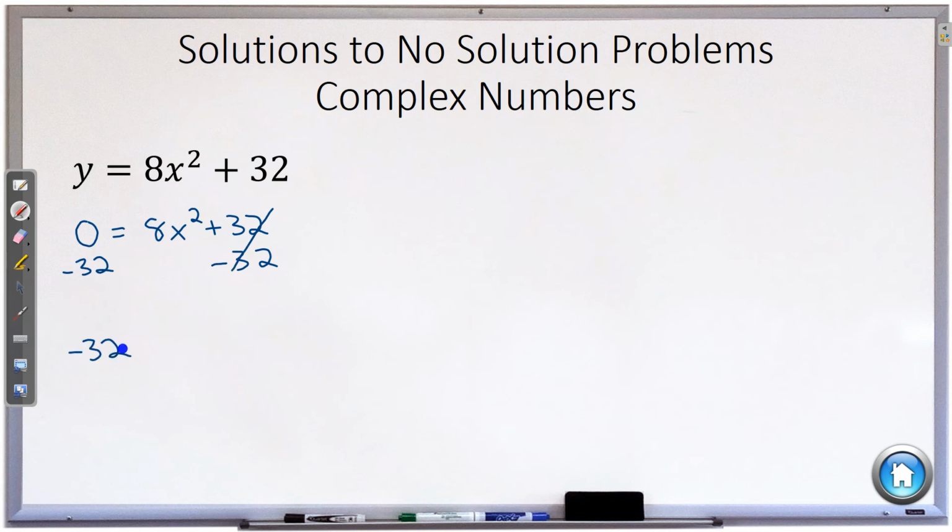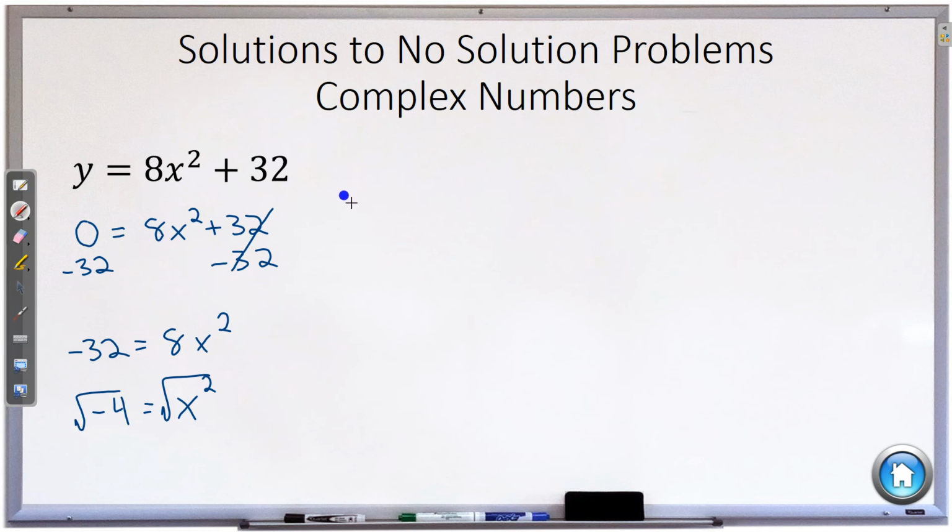Negative 32 is equal to 8x squared. Divide both sides by 8, so you get x squared is equal to 32 divided by 8 is 4. So where are we here? Yeah, negative 4, sorry. That's what was getting me an issue there. Negative 4. Square root both sides.